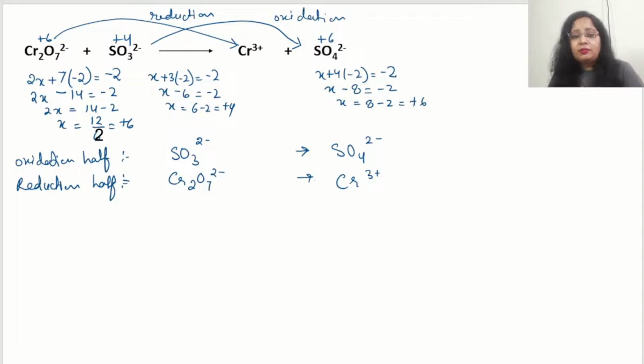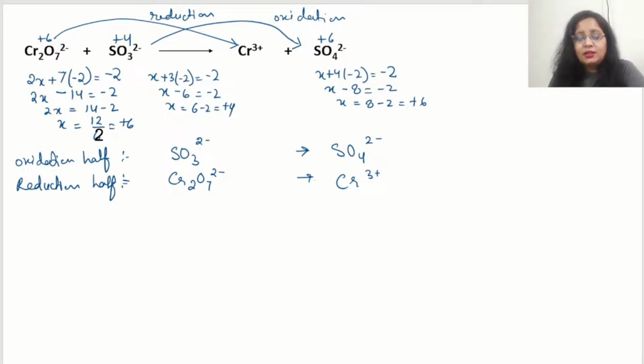Now after doing this much, we will start balancing the reaction. First I will balance the oxidation half, then the reduction half. So in balancing, first of all we will balance the element other than oxygen and hydrogen. So here in the oxidation half, sulfur is the element. Sulfur on the left hand side 1, right hand side 1, balanced, no need to do anything. Next is oxygen.